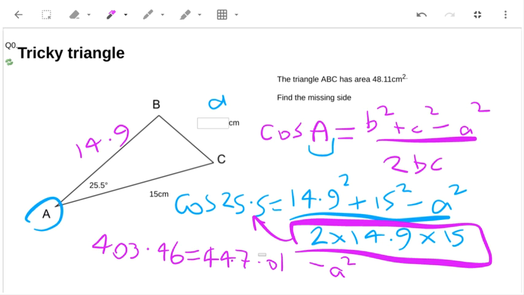Now I can rearrange that equation. I'll do 447.01 minus 403.46. Take the square root, and it gives me 6.6. So a is 6.6, this thing here. And there we go.